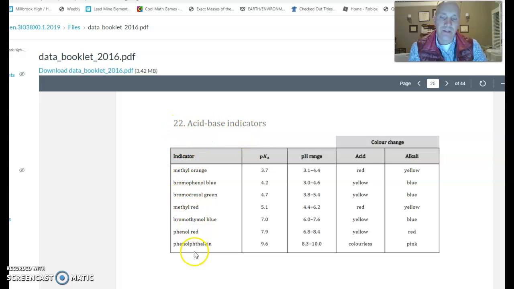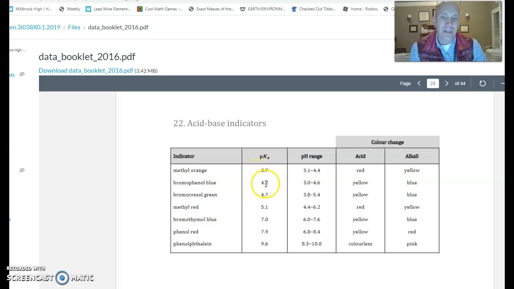A lot of these pH indicators have very common sounding names: methyl orange, bromophenol blue. The chemical sounding part of it tells you something about the chemical structure of it. The color tells you something about the approximate color that you're going to see. And the names have just kind of stuck through time.